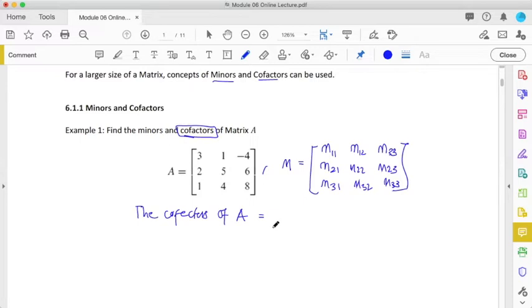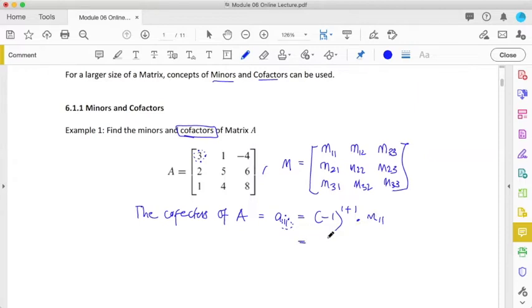If we want to find the cofactor of A11, meaning the entry at row 1 and column 1, you can use this equation where you have negative 1 to the power of 1 plus 1. This 1 plus 1 refers to the position of your cofactor, multiplied with your matrix of minors coefficient at 1, 1.